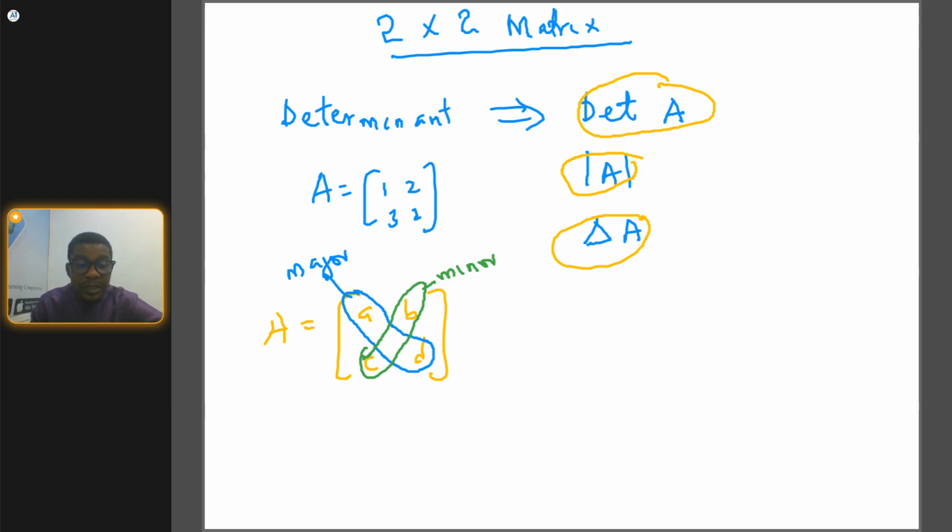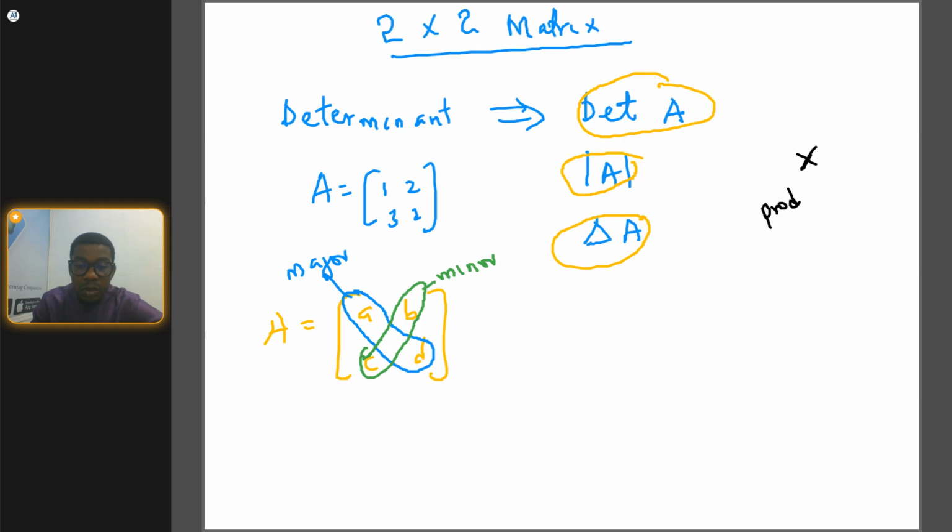Take note, in the formula of the determinant of a 2 by 2 matrix, there's always a natural minus. So to get the determinant, it is the product of the major diagonal. Product means multiplication.